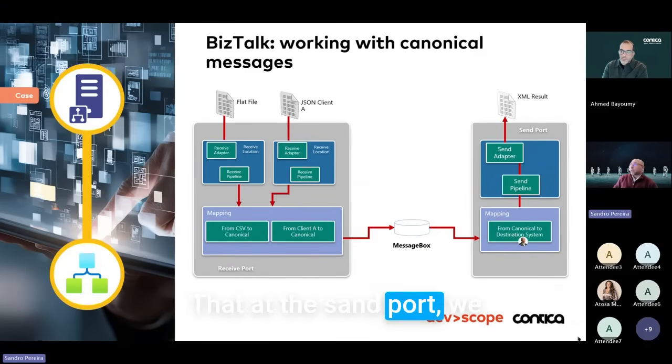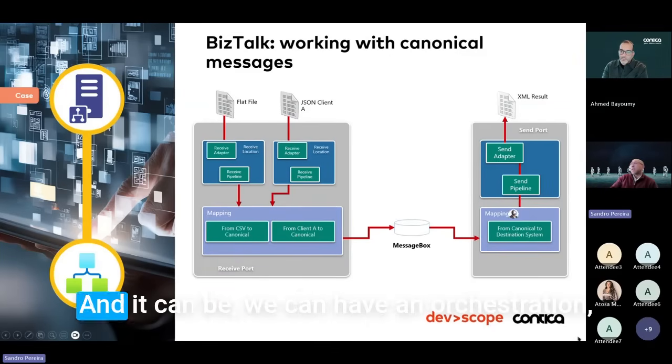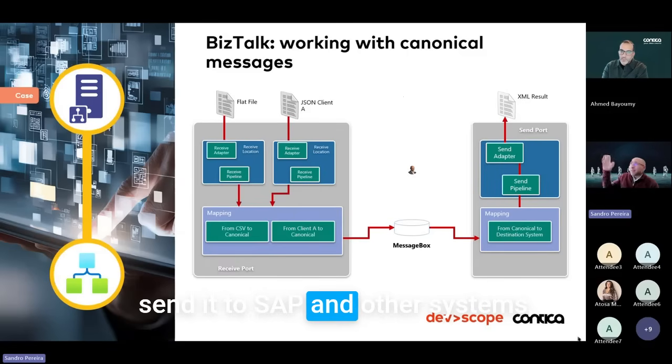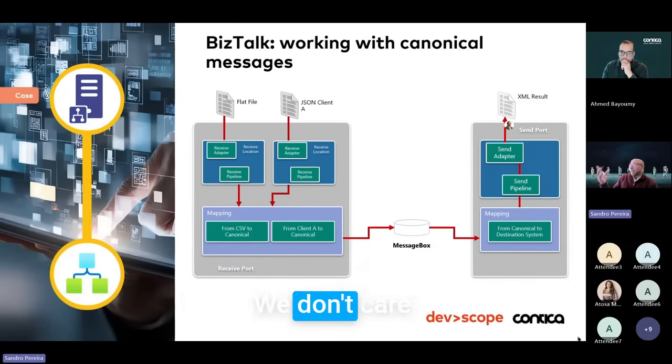At the send port, we apply another mapping, okay, to transform that canonical to the end system. Here we can have an orchestration, send it to SAP and other systems or Oracle and so on and so forth, or send to an FTP for another partner. We don't care. We abstract this layer, okay?